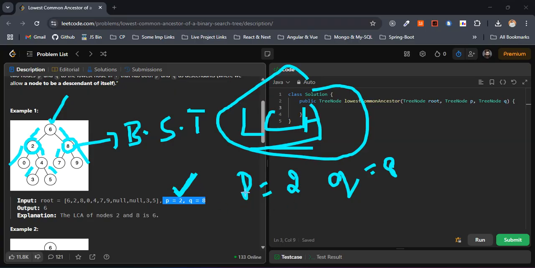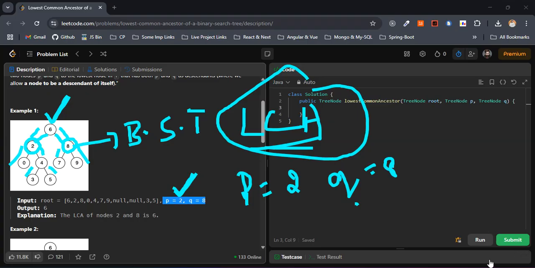So here we will start with 6. One is on the left and one is on the right: 2 is on the left side and 8 is on the right side.